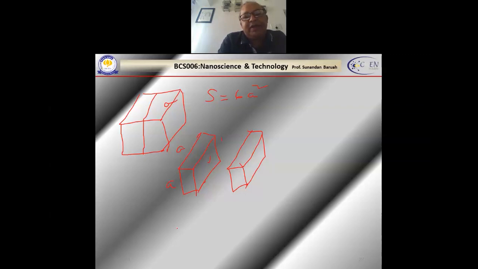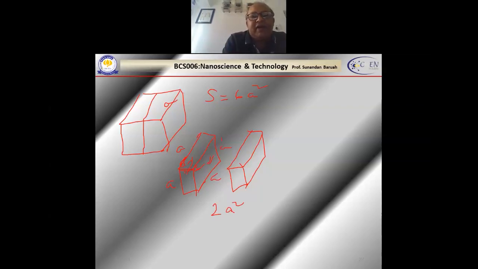We have four sides now. See, this has become A, but this is now A by 2, right? This part is A by 2. So ultimately, this surface area of A and A, that means A square, and the other one on this side A square, so 2A square surface area has increased, because of this surface and the other surface hidden here.